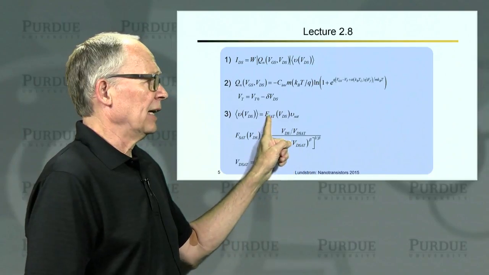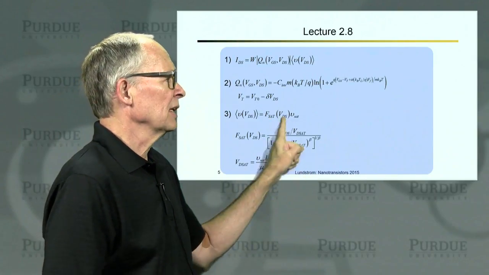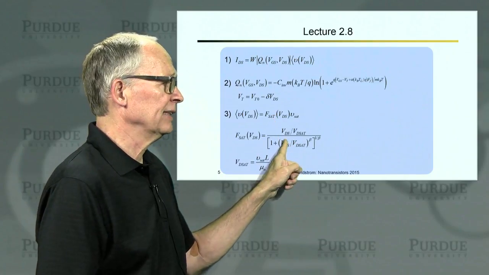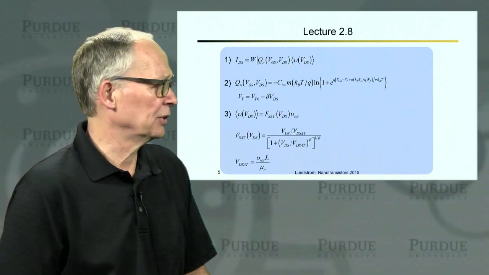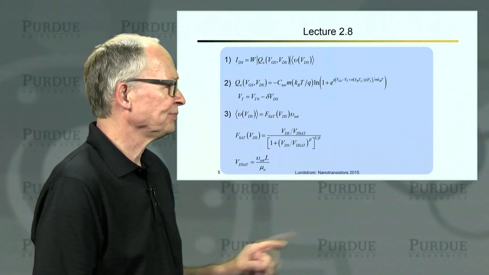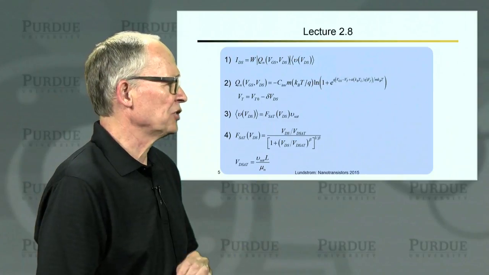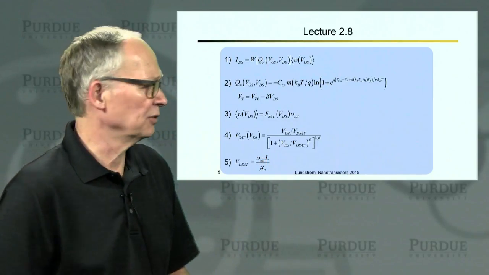We then expressed the average velocity as a function of drain voltage using this empirical drain saturation function, which introduced another empirical parameter, beta, that we tweaked to match data. And we have a drain saturation voltage, which separates the linear from the saturation regimes.